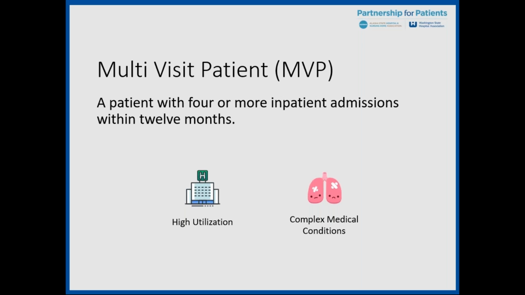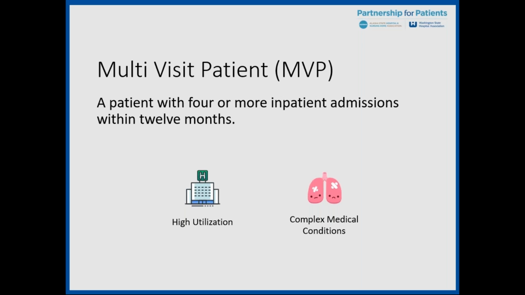Not that you're restricted from doing that, that's just really the guide, because it is a very small percentage of patients, and further stratifying by diagnosis limits you in being able to reach this really vulnerable population. So as we mentioned, it is defined by high utilization, but these patients often have comorbid and complex medical conditions, so that when they do present to the emergency department, they're almost always admitted to the hospital.